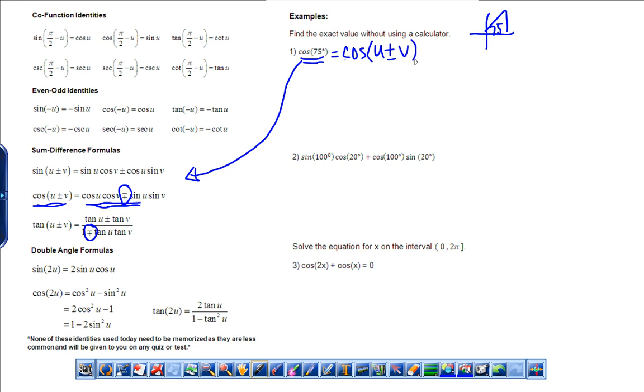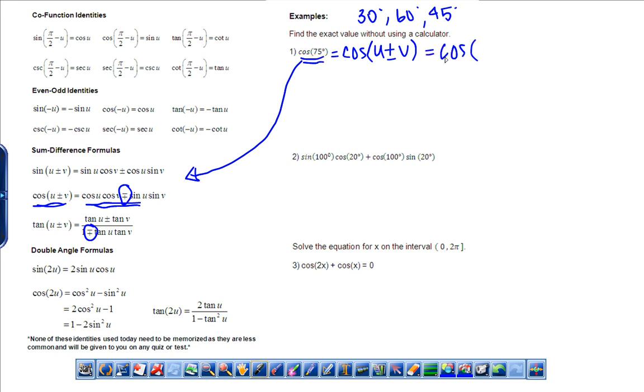Okay, so what I want you to think about is we know a 30-degree triangle, we know a 60-degree triangle, and we know a 45-degree triangle. So I'm going to try to replace this u and this v with one of these three or two of these three numbers here in order to get 75.